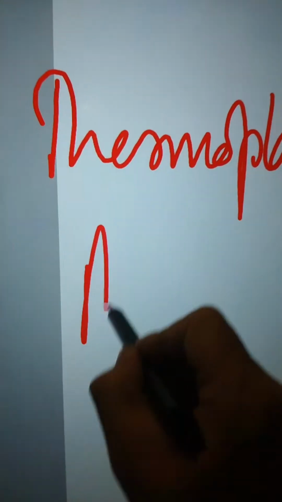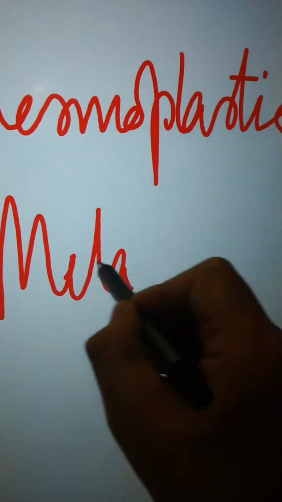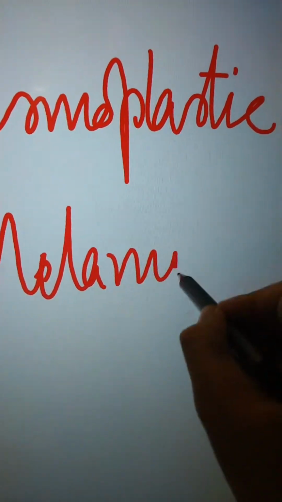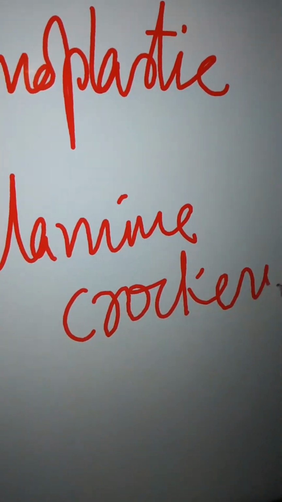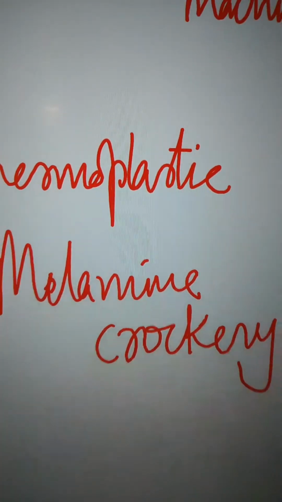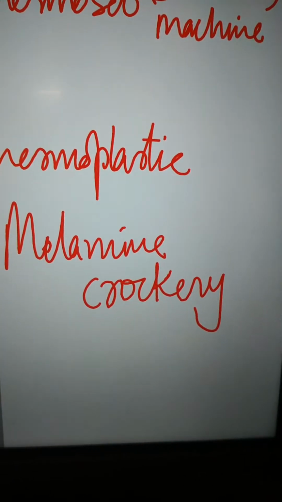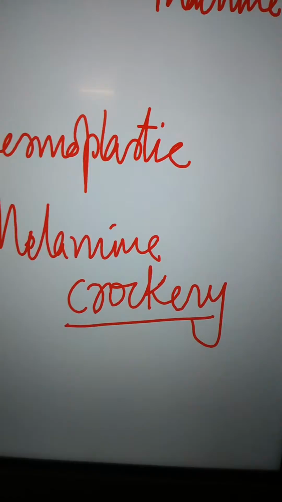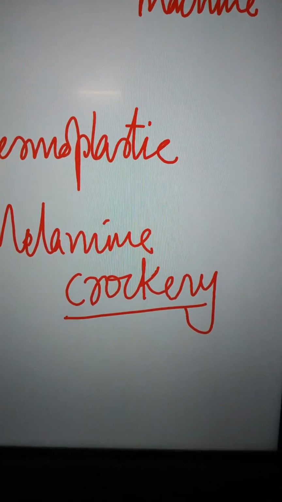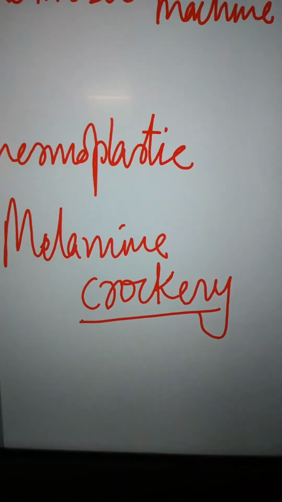Next is melamine. Another plastic which is given in your table is melamine, which is the crockery. How many of you have melamine crockery? Unbreakable crockery at home. That is the dinner set, which is of plastic. So they are made up of melamine, and that is a thermoset plastic.